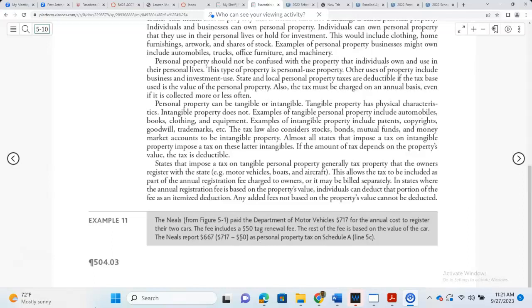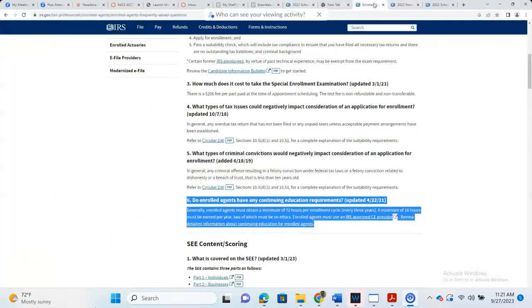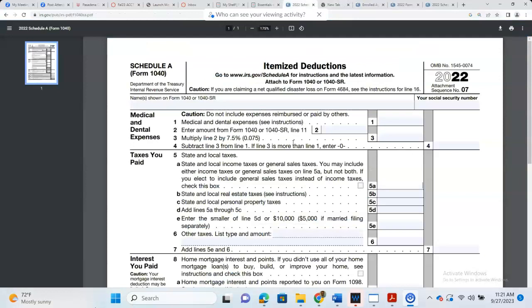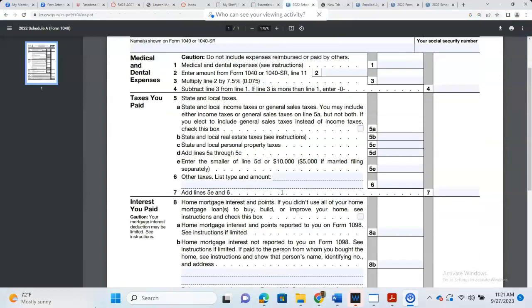So personal property goes in, if I have a Schedule A here somewhere. Here, state and local personal property tax, that's where you put it in, 5C. Remember previously I said 6, it goes in here? No, it goes in personal property tax, 5C. Okay, good?